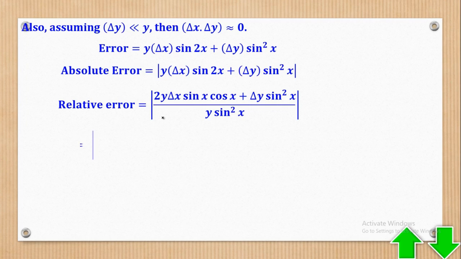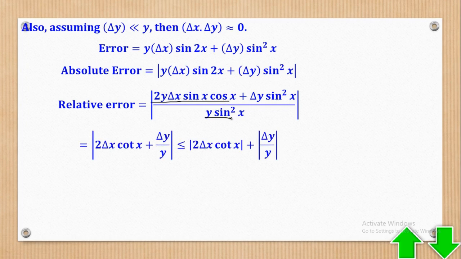The next step is to split the numerator. When I split the numerator, I'll say the whole of this divided by this. What do I get? Realize that y cancels, then this sine squared, one sine goes with this sine, so you remain with cos x over sine x.